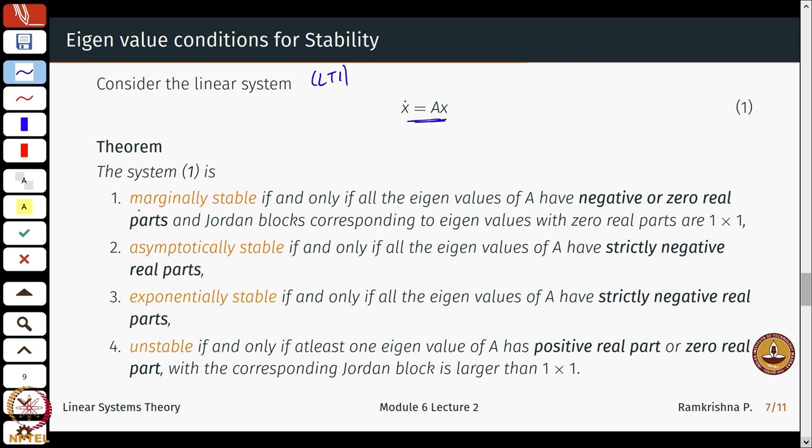So the system 1 is marginally stable if and only if, so it works both ways, all eigenvalues of A have negative or 0 real parts. So it has very much to do with the poles. If the eigenvalues are here, here and here, this is all stable. And not only this, this 0 real part comes with one more condition, that all Jordan blocks corresponding to the eigenvalues with 0 real parts are 1 cross 1.